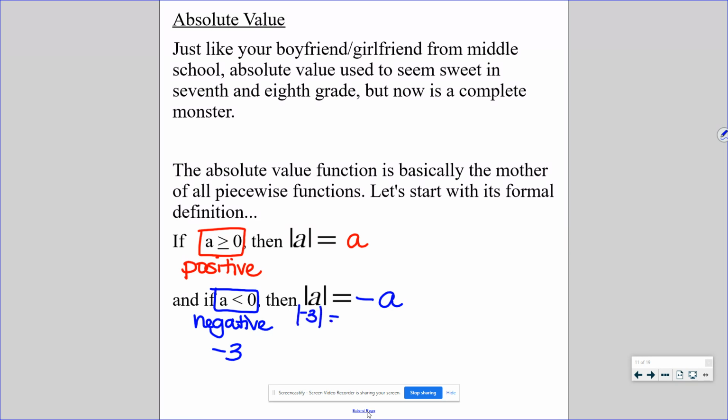We all know that the answer is 3. This negative sign in the formal definition doesn't mean that the answer is negative. It means that the answer is going to be the opposite sign of the a value that you plugged in. The a value we plugged in was negative 3. The outcome was a positive 3. So this negative sign just means opposite of what you plugged in.